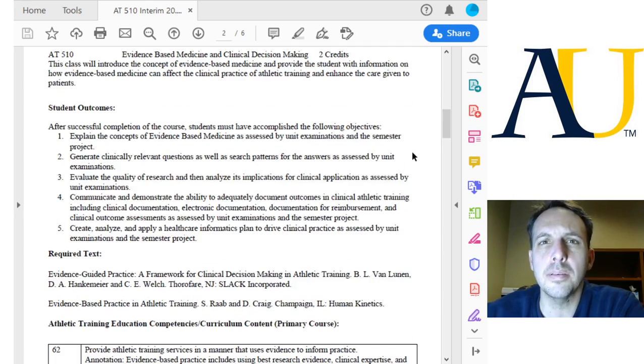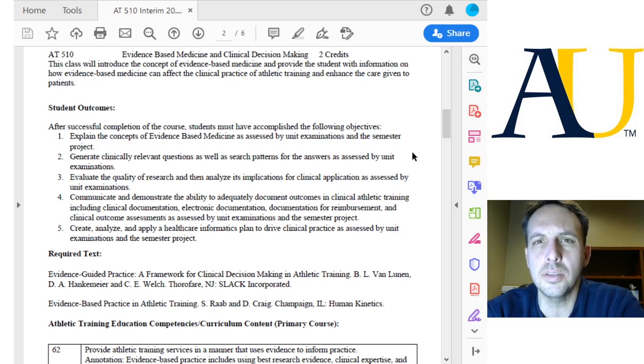So the purpose of this course is to understand what evidence-based medicine is, describe the different components, different steps, and then talk about how this can end up getting into the area of clinical decision making. We want to move beyond simply the process of evidence-based medicine and really get into the question of how do I make decisions clinically.